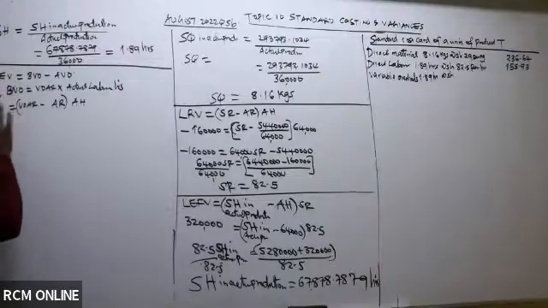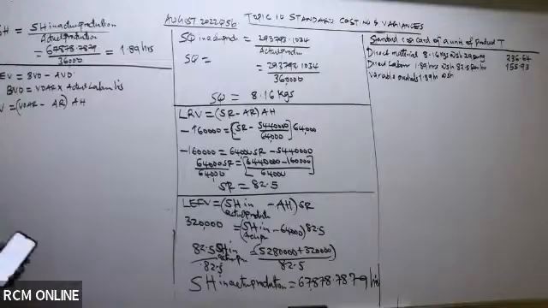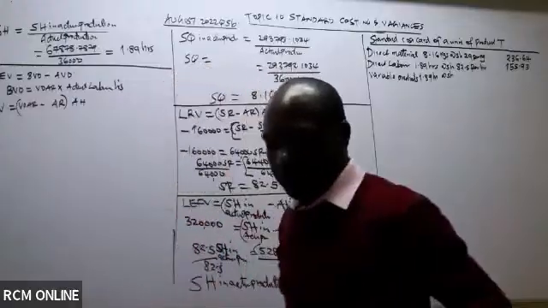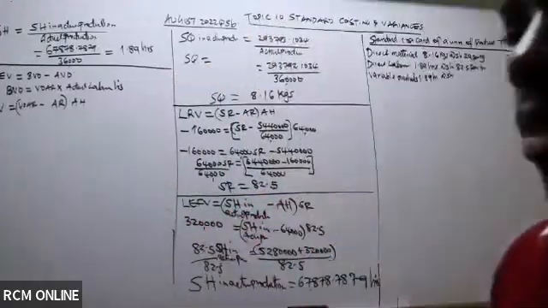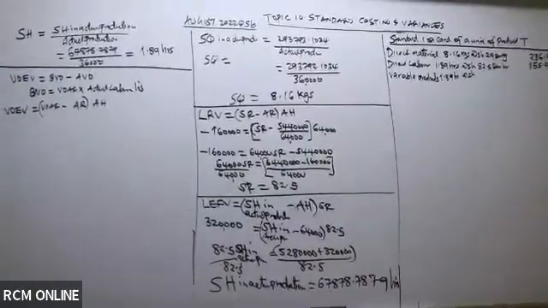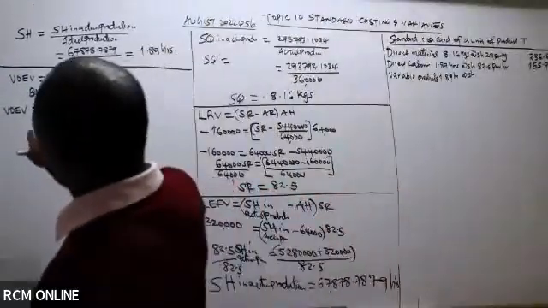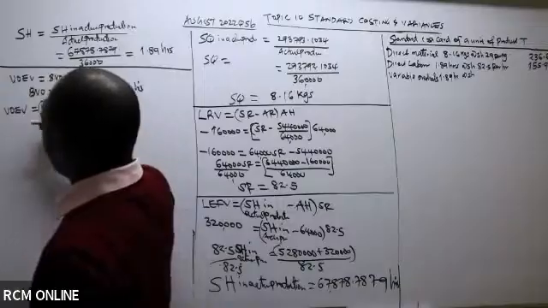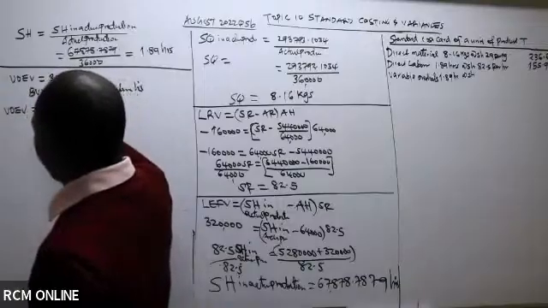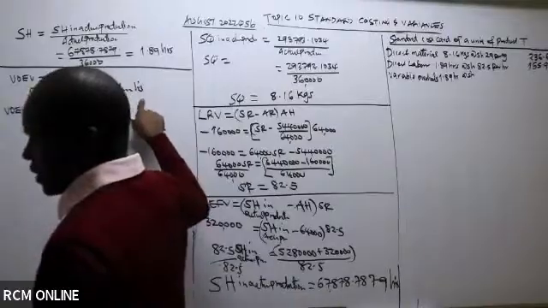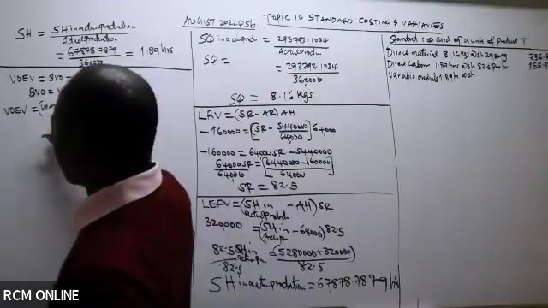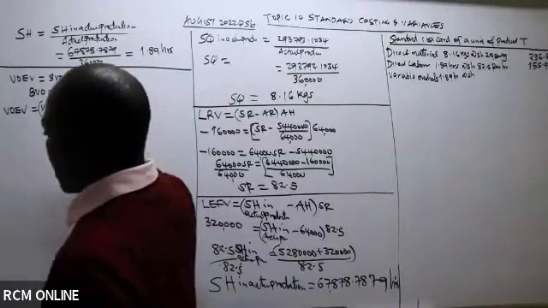In short, in our previous question, you were having budgeted variable overhead, or you were able to get it, right? But now we have two unknowns. We don't have budgeted variable overhead. We don't have the variable overhead absorption rate, but we have actual labor hours. So we cannot apply this method. We now move to the other method, number 2: variable overhead absorption rate minus actual rate times actual hours, right?